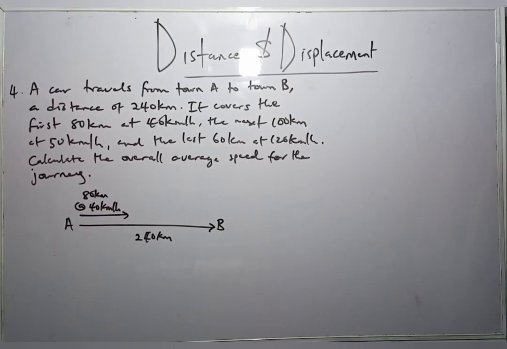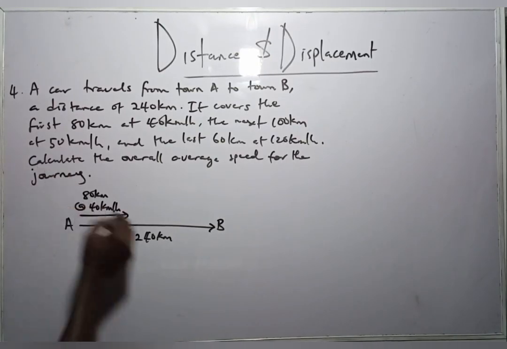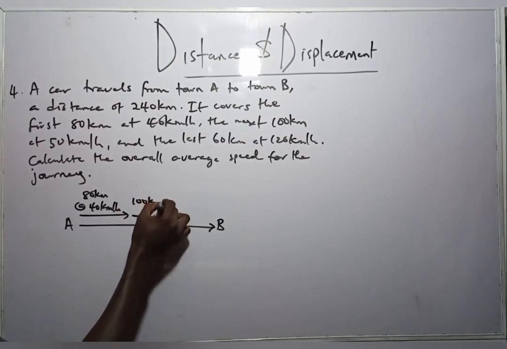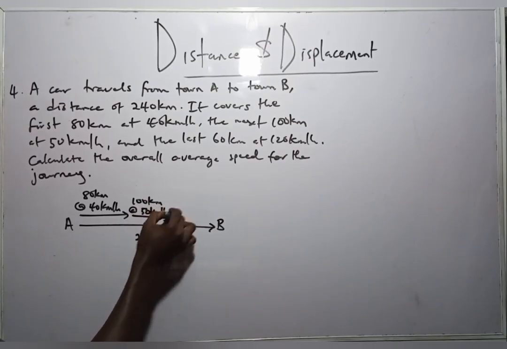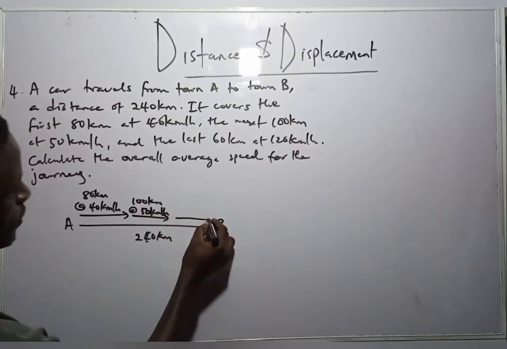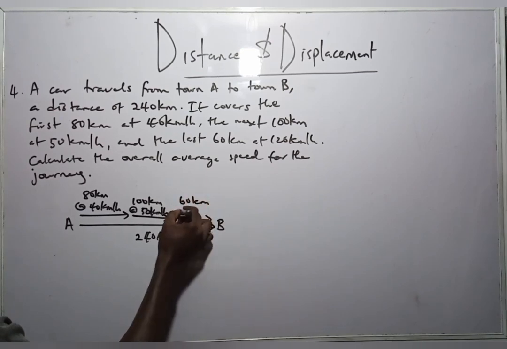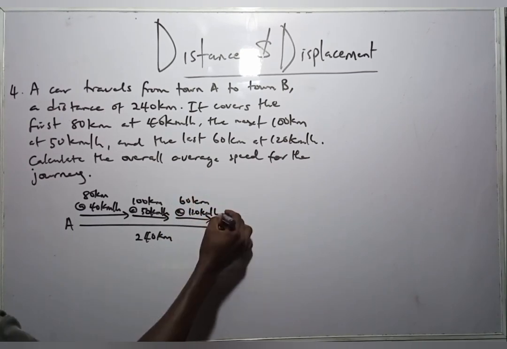The second part of the journey is 100 kilometers at 50 kilometers per hour. And the last part of the journey is 60 kilometers at 120 kilometers per hour.